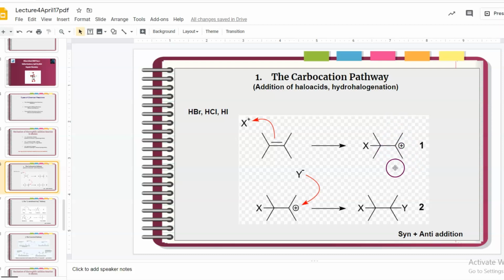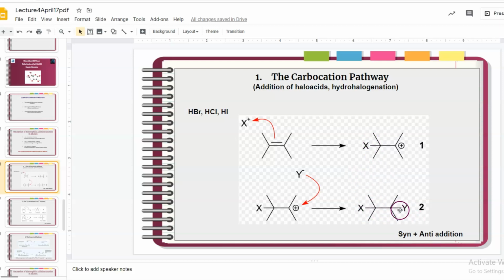After the attack, if the Y positions itself on the same face as the X, if both X and Y happen to be on the same face at the end of the reaction, that kind of addition is called syn addition. But if the Y minus attacks from the opposite side of where the X is, then at the end, X and Y would be on opposite sides.